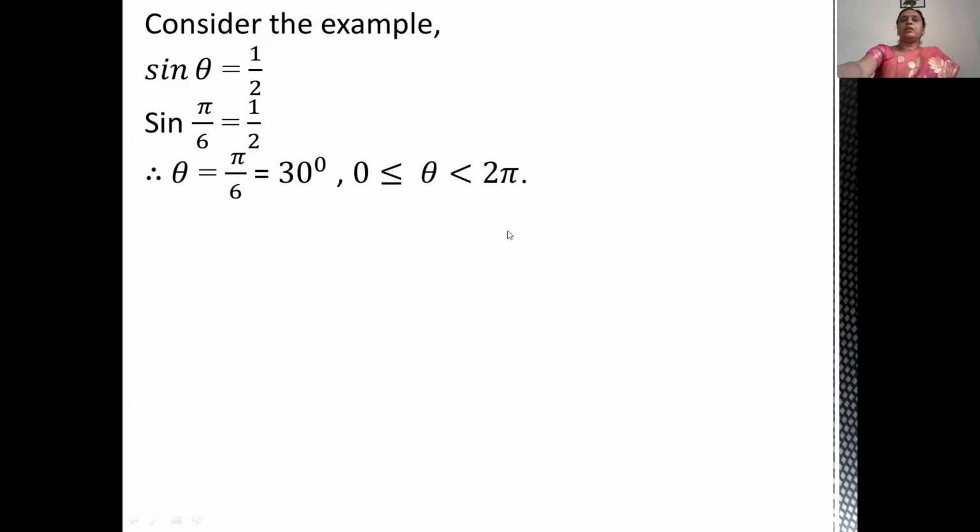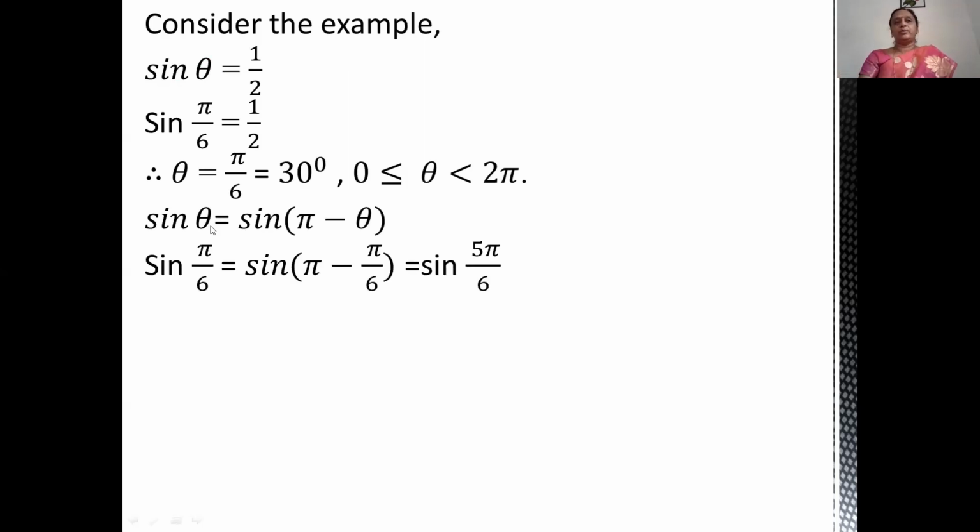Okay. Then, our aim is to find the next value, at which value of theta we again get the same value. For that, you go to your allied angle table, which I have earlier shown to you. From the table, take the formula sin theta is equal to sin pi minus theta. Now, in this formula, we put the value of theta pi by 6, which we have got here, the first solution.